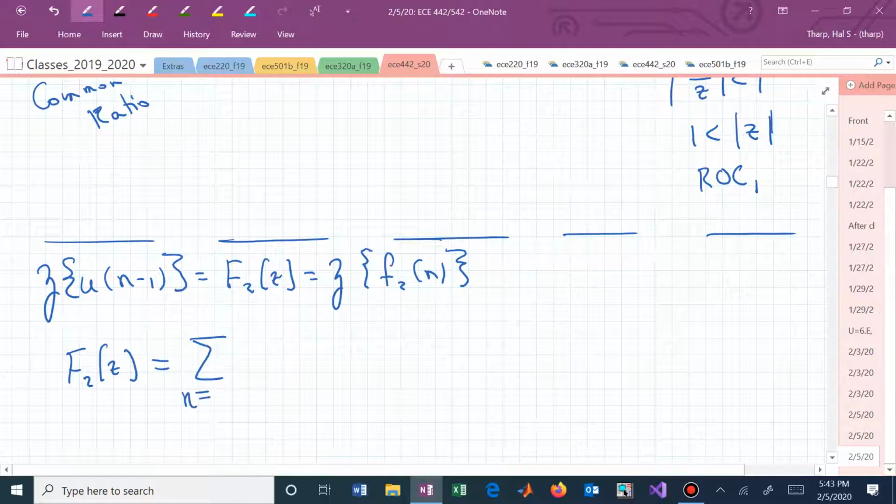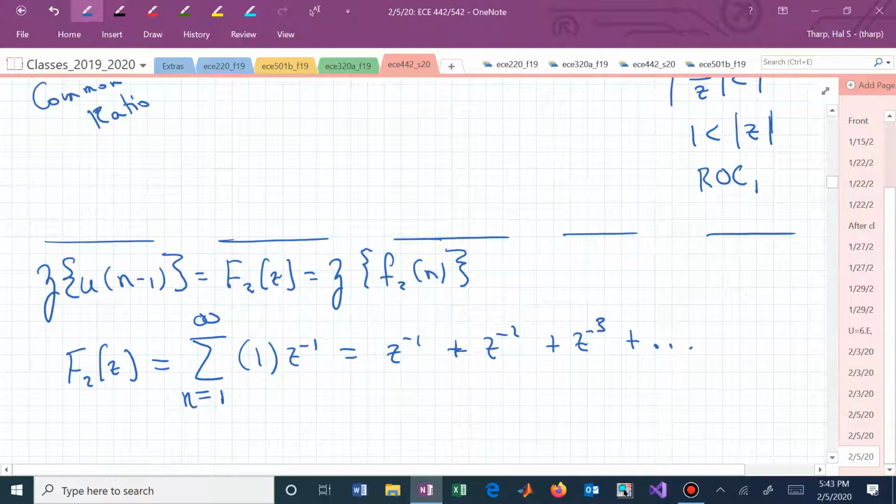This one is now going n equals 1 to infinity, but the sequence is still the same. Once it starts, it has a value of 1, z to the minus 1. So this is now z to the minus 1 plus z to the minus 2 plus dot dot dot, and my tail goes on and on.